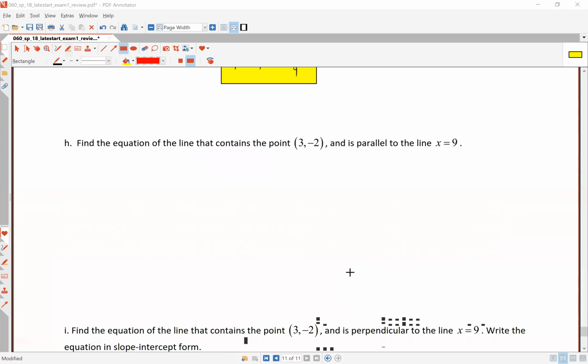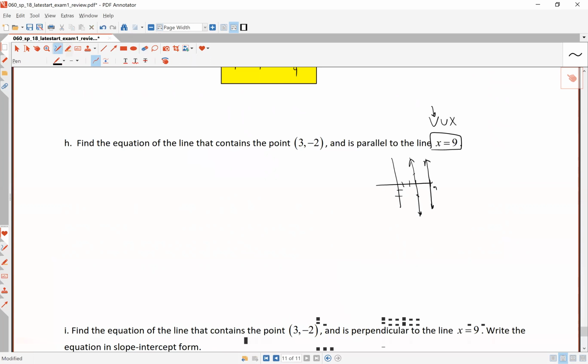Okay, same thing. If it's the equation of the line through the point 3, negative 2, and parallel to the line x equal to 9, the line x equal to 9 is a vertical line. And if it needs to be parallel to that, but passing through 3, -2, parallel means it needs to be vertical as well.